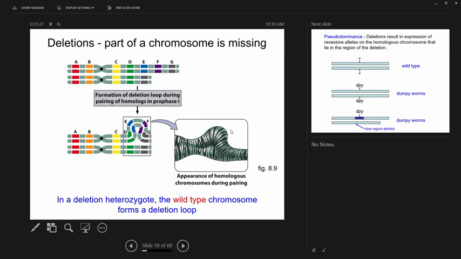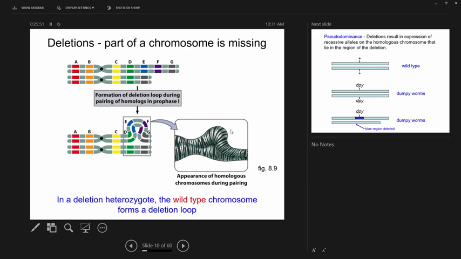All right. So in a deletion, part of the chromosome is missing. Here, the E and F part is missing. And now we get back to just what I was talking about previously. If you line up 2 homologous chromosomes and one of them has an insertion, you'll get a little bulge. If you line up 2 chromosomes and one of them has a deletion, you'll get a little bulge.